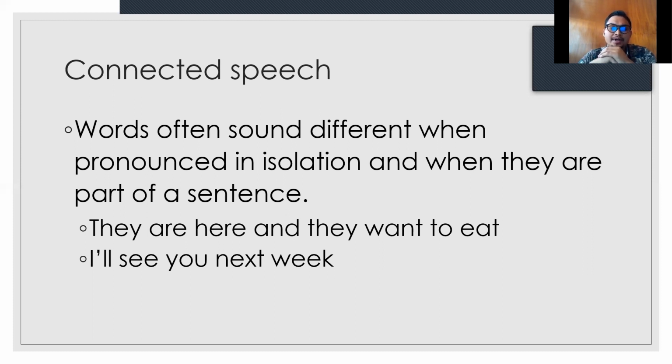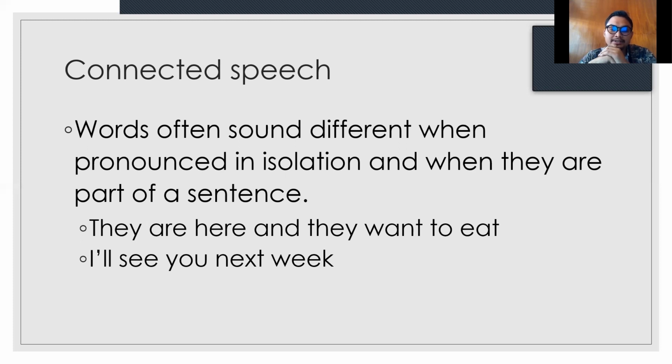If we use connected speech, it becomes "they're here, and they want to eat."